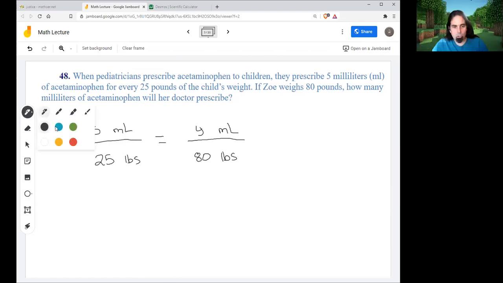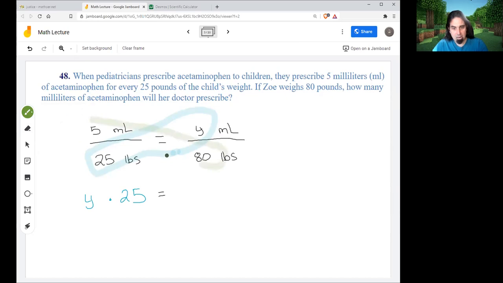So then we just charge into cross multiplying because we know how to do that. So y times 25, 5 times 80. So 5 times 8 is 40 with an extra 0 afterwards, so 400.